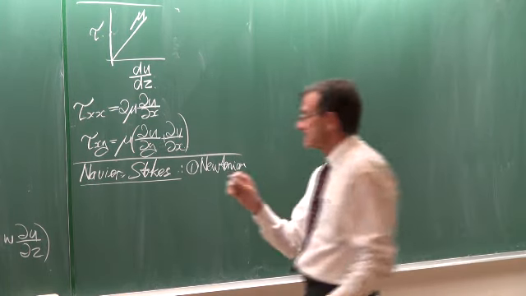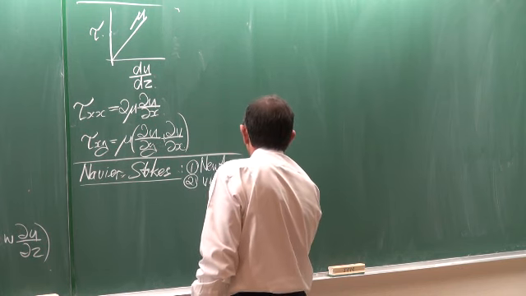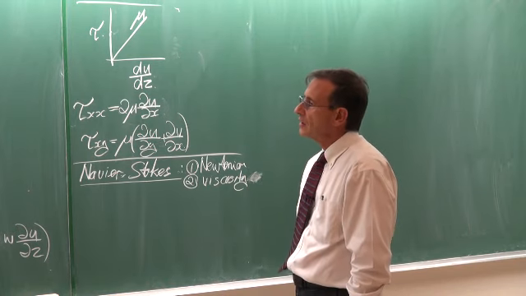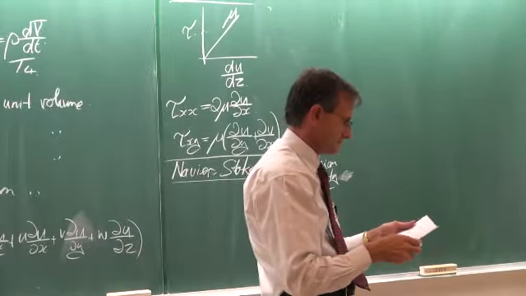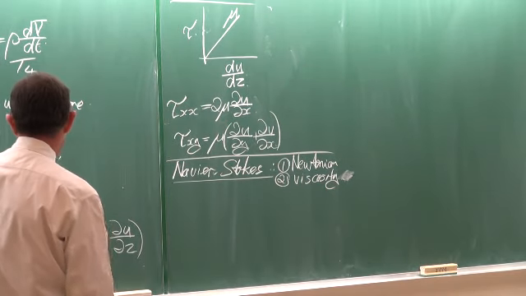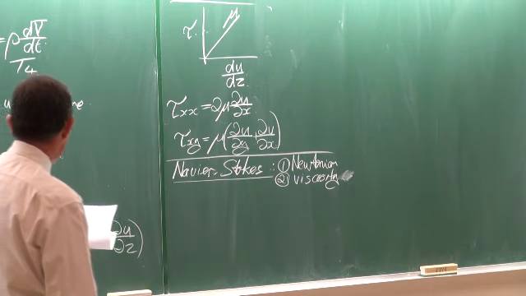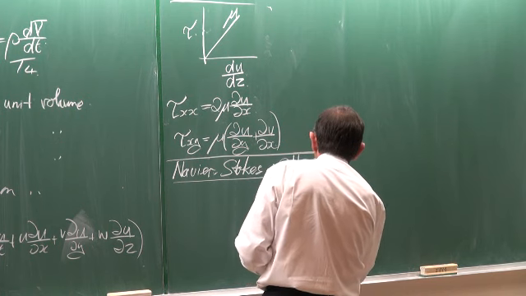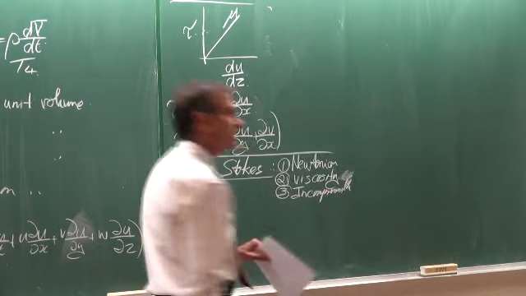The second is that the viscosity is constant, because it is possible that the viscosities in the three directions might differ. The third assumption is incompressible flow.